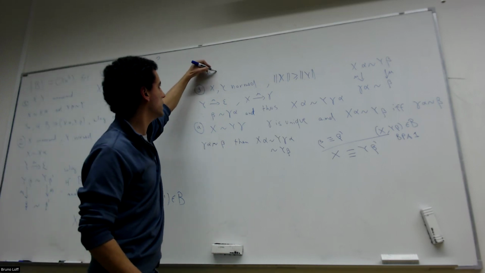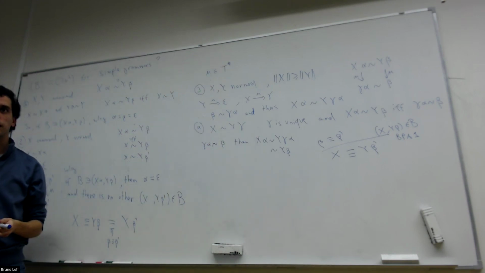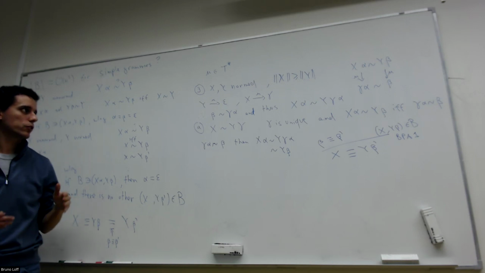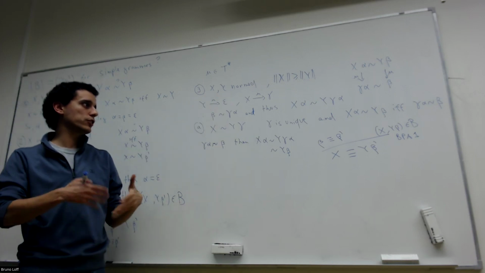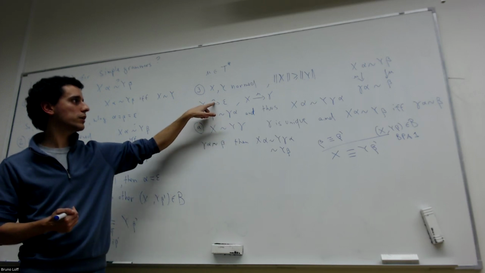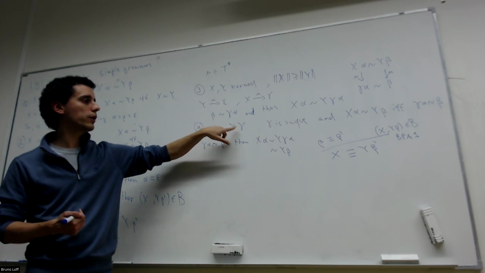Different u could give you different gamma, but we fixed one. Actually, they will all be bisimilar if this is the case, because you just take one, and this goes to epsilon, so this will go to gamma or to gamma prime.